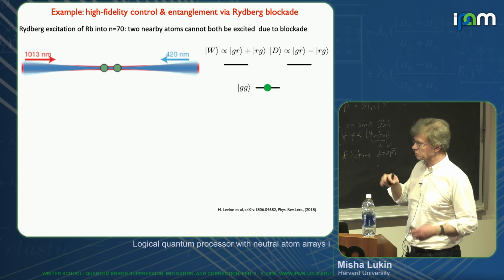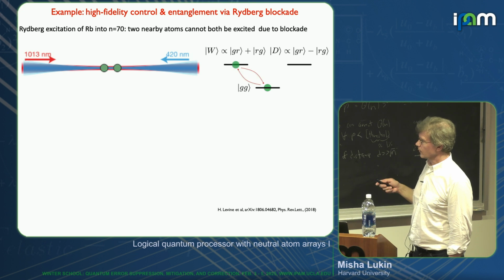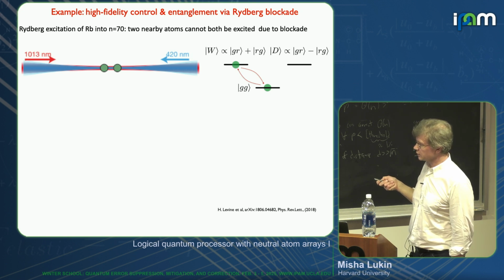It's a 2-photon excitation, but that's a technical detail. And the idea is basically the following. If you are on resonance to this Rydberg state, under the condition of blockade, you can excite one Rydberg atom or the other, but never both.